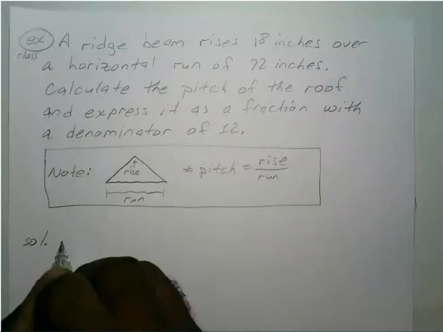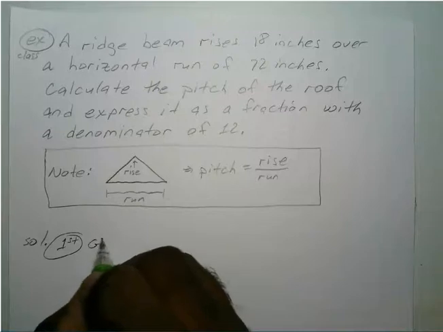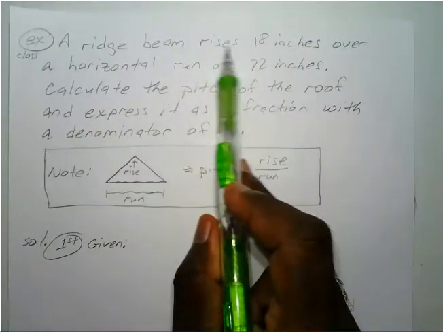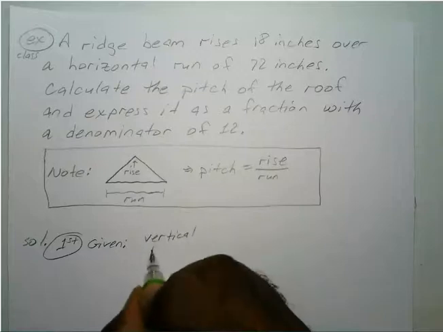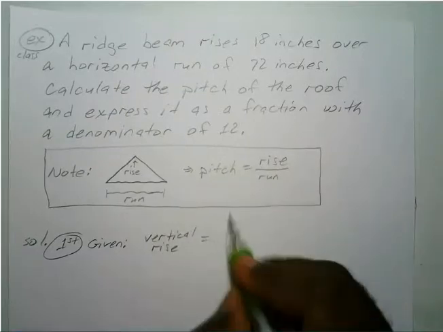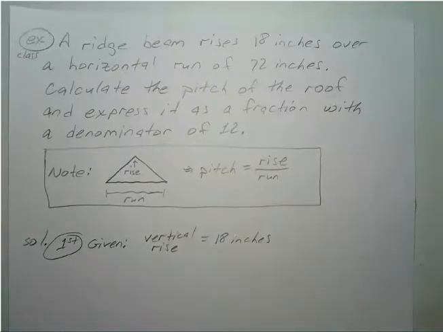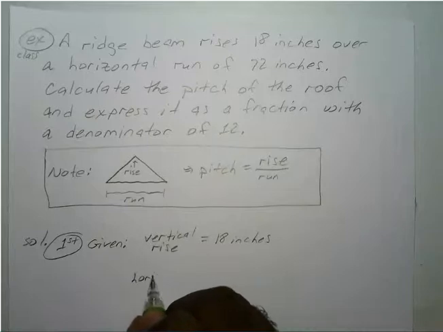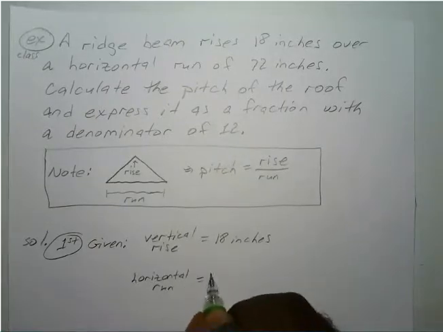Okay, so remember your first step. See what's given to you. Okay, so what they gave you is your vertical rise, which is 18 inches. And they also gave you your horizontal run, which is 72 inches.